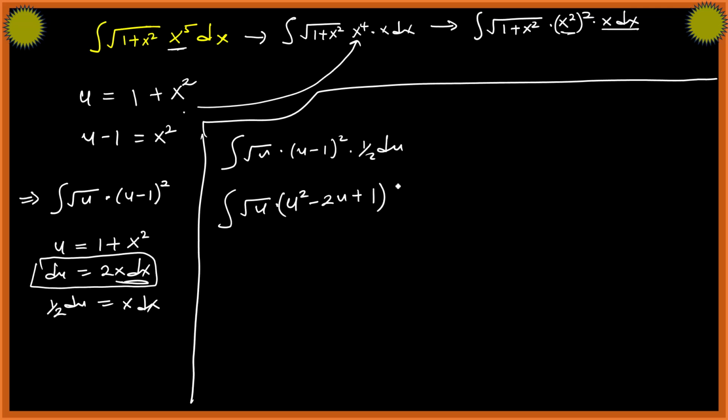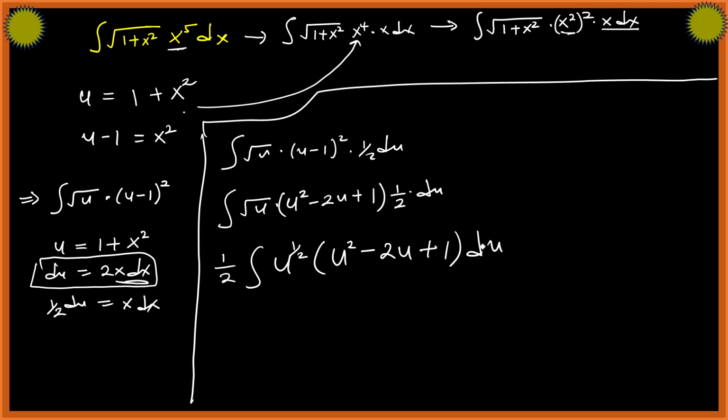So we have half du. Let's bring the half here. We have the half outside, and this one is the same as u raised to half times u to the power 2 minus 2u plus 1 du.